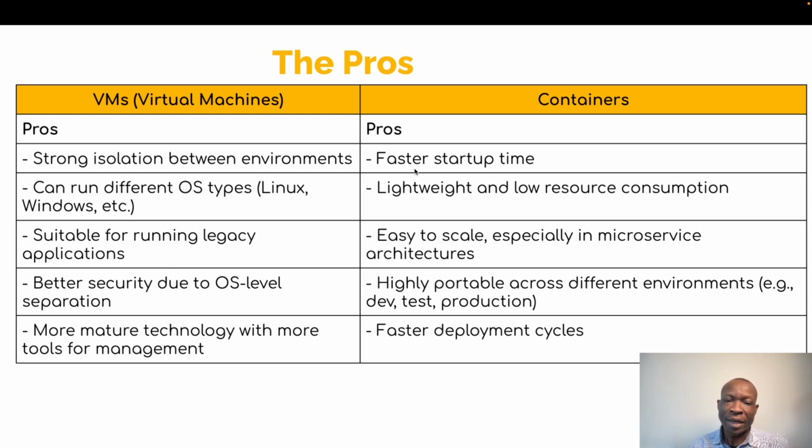In the case of containers, faster startup, very fast, because these containers are not a full operating system. It's just the applications and all the dependencies that we have inside the container. So very lightweight, easy to scale, as you see that I did that in Kubernetes. And they are very portable. You can move them across different environments.